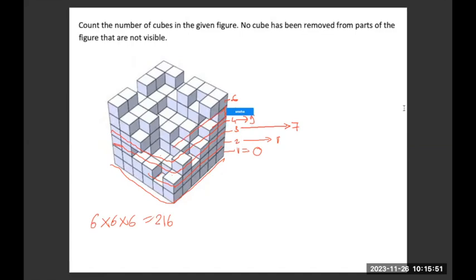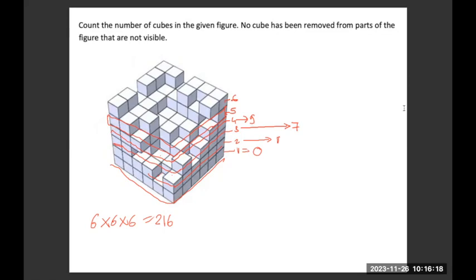the number of cubes that are removed are, 1 second. So 1, okay, 1, 2.